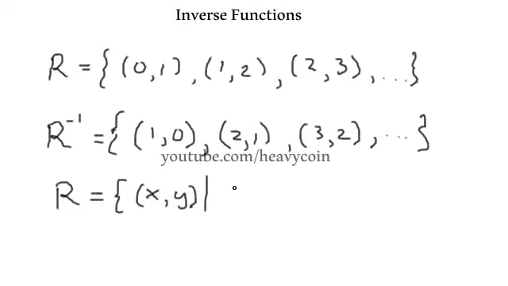Okay, and in this particular case we've got y is equal to x plus 1. So this piece here is really defining our relation. And then I'm saying that x is an element of N. Now remember what N is. N is the set of natural numbers. Okay, so we're just working with discrete points here.